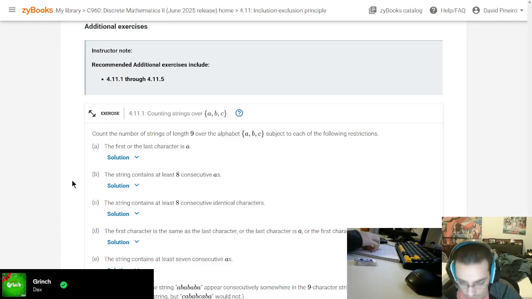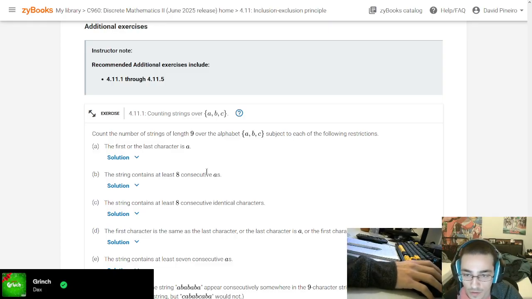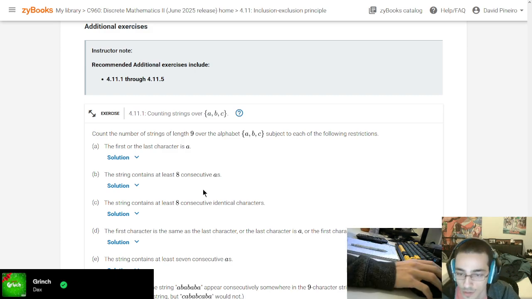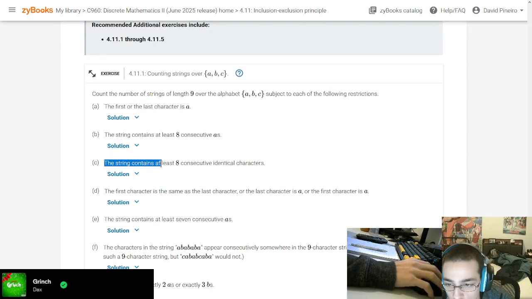The union means at least 8 consecutive A's, because we constructed it that way: A is 8 consecutive A's on the left side, B is on the right side, and if we want either case, you use union and count it. Okay, makes sense.